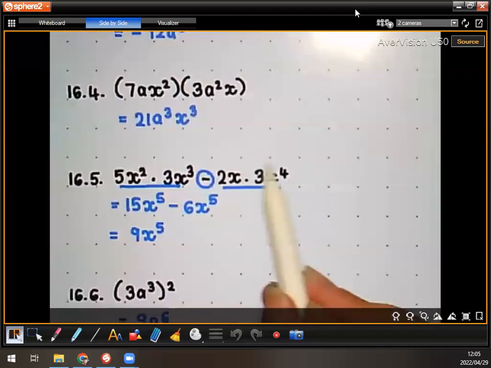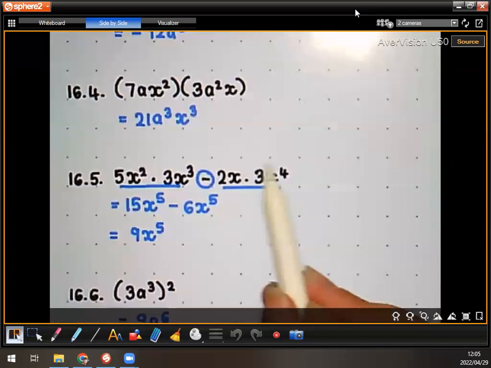Right, 16.5, nearly there. Here, this is a BODMAS question, right? There's a minus there. So we can start subtracting, if you even can subtract, right? You need to first simplify that term by multiplying these two together, there's a dot. And that term by multiplying them together. Then they are like terms that you can subtract. Okay, so 5 times 3 is 15.